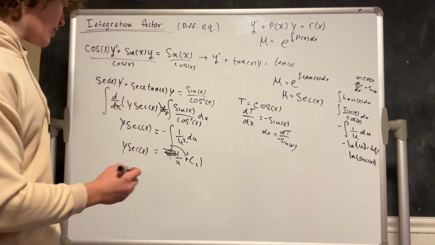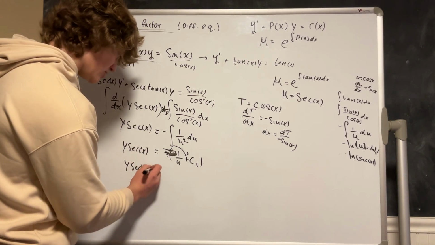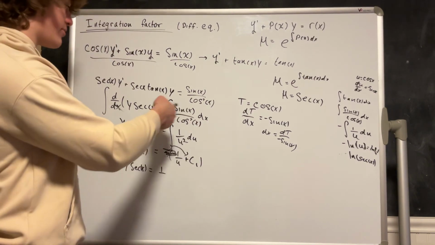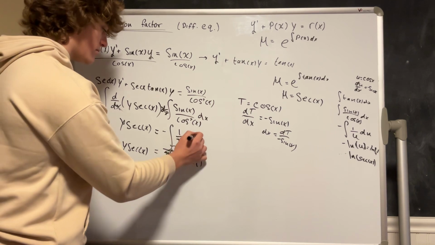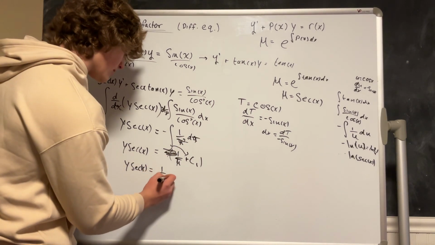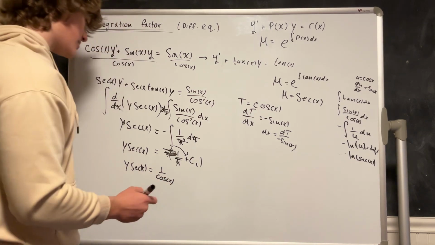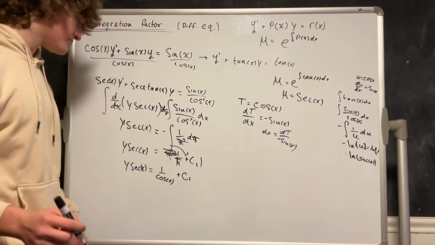And we get that y times secant of x is equal to 1 divided by our t value, which is just cosine of x, plus a constant c1.